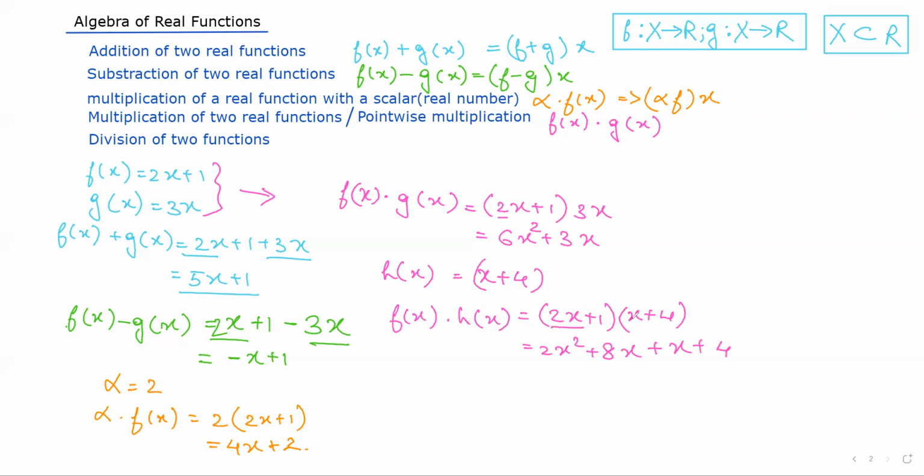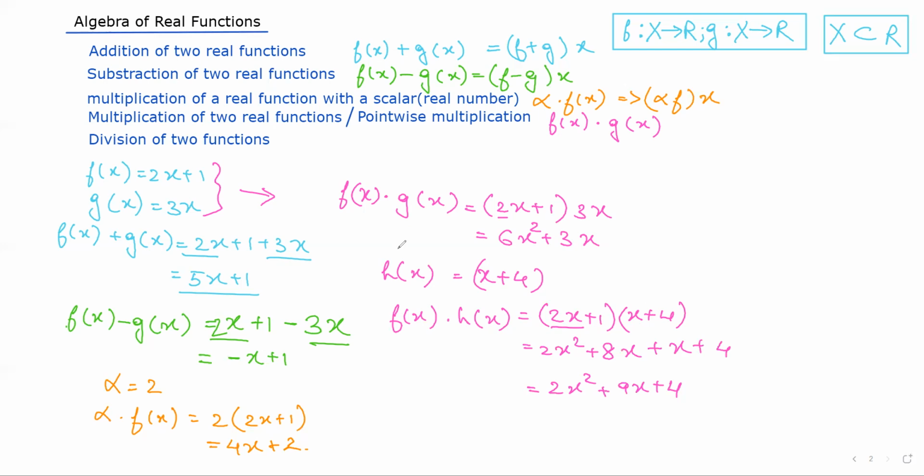So 2x multiplied by the first term x, plus 2x multiplied by 4, which is 8x, plus 1 multiplied by x is x, and 1 multiplied by 4 is 4. This is 2x squared plus 9x plus 4. So point-wise multiplication: first point multiplied by first, second point multiplied by second. This is point-wise multiplication, multiplication between two real functions.